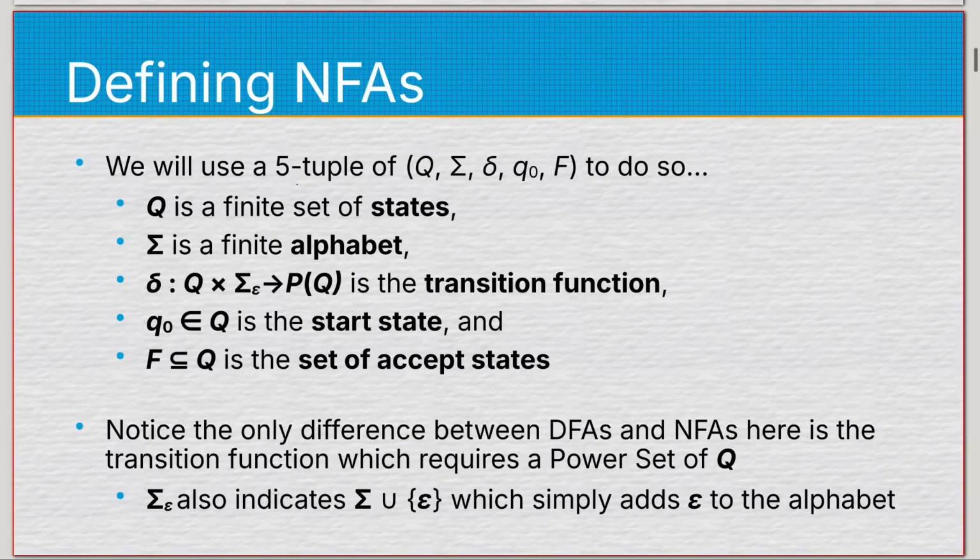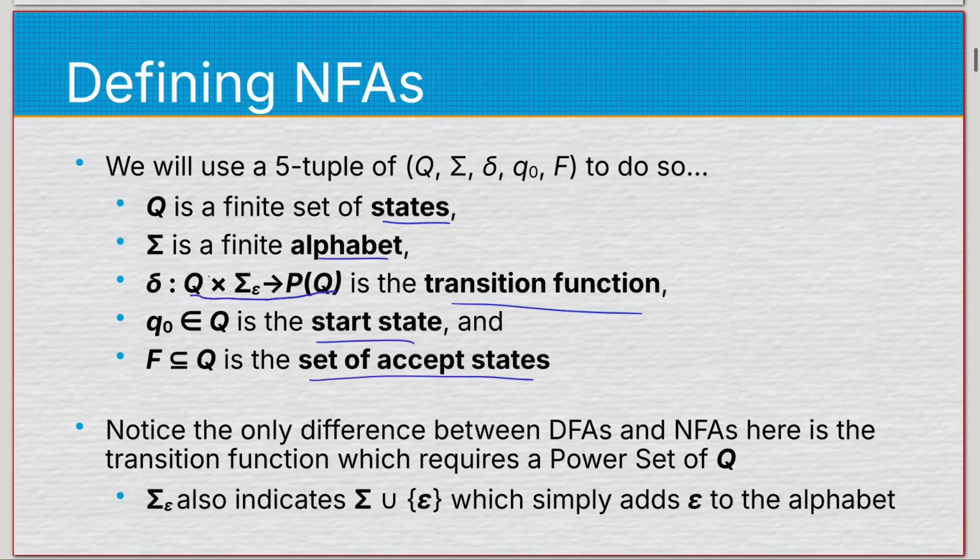So we still have that same 5-tuple from earlier that has our states, our alphabet, our transition function, that has a transition table in it, our start state, and then our set of accept states. The primary difference is this right here.